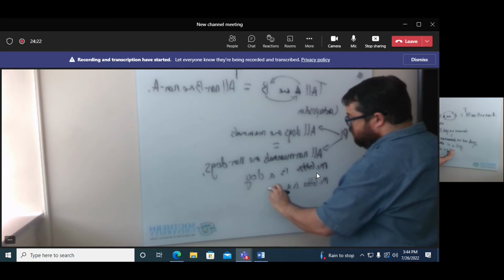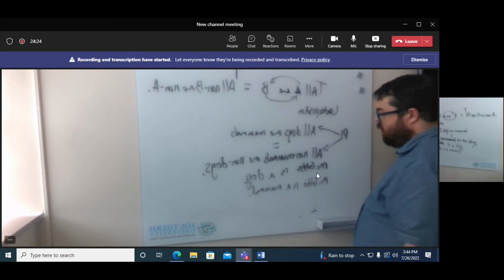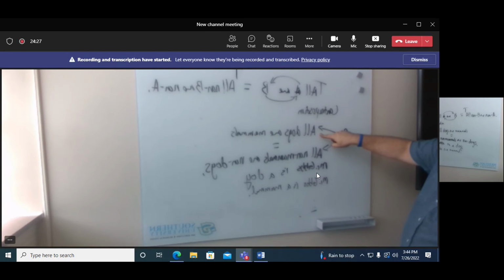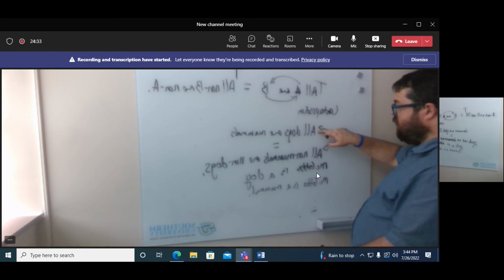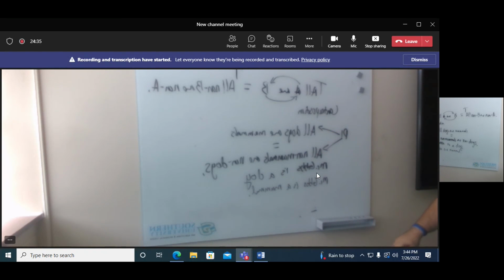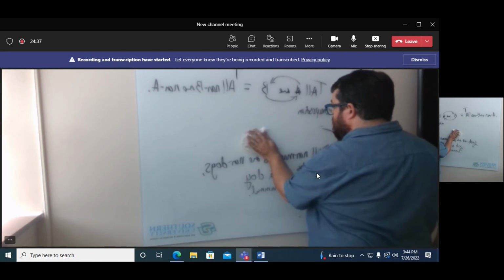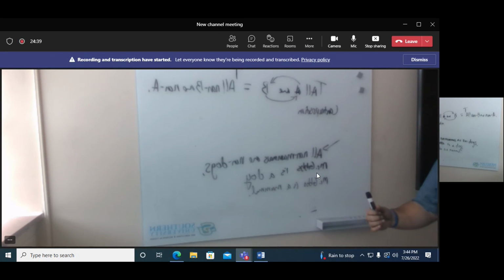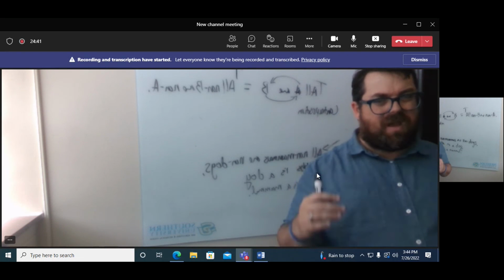Is a mammal. Now, I could technically get this conclusion if I were to erase this and have that there, and that still works as an argument in a weird abstract way.